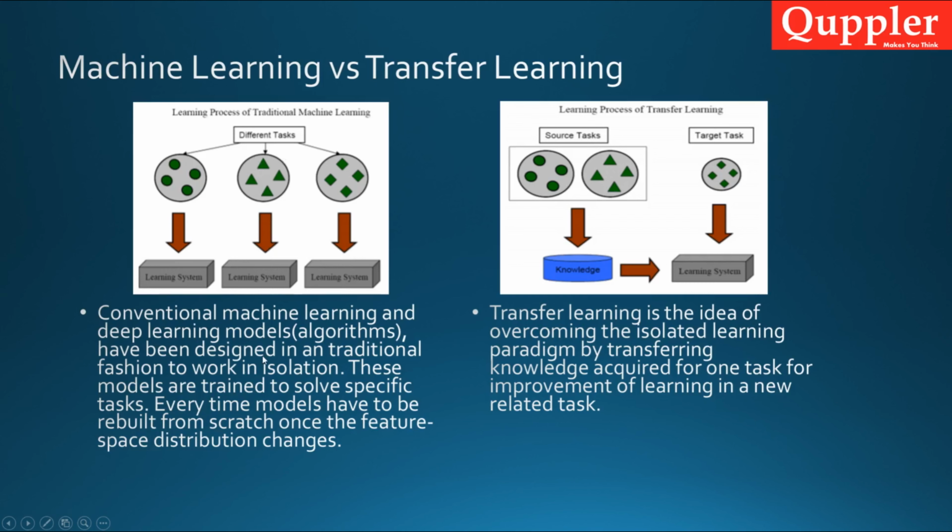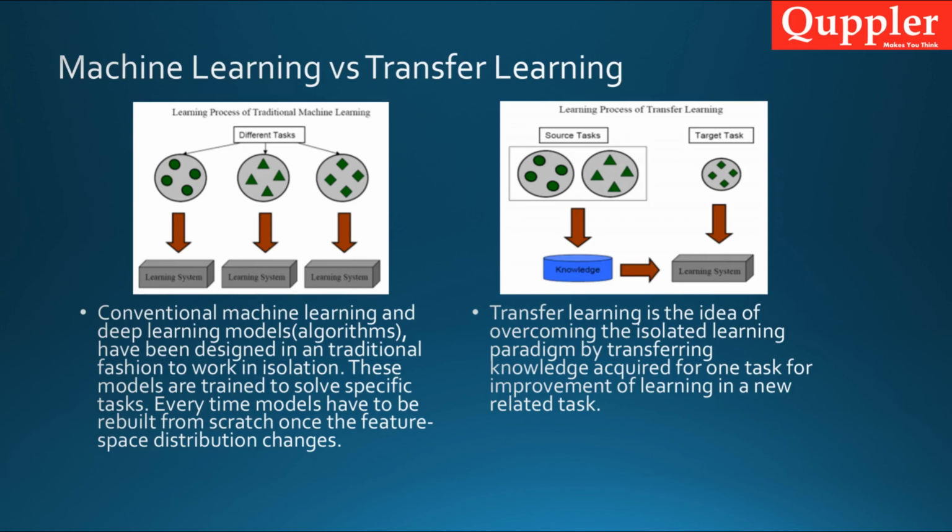But in case of transfer learning, there is a big difference. Transfer learning models have already been trained on something. For example, if it has already been trained on cats and dogs, and in future you want it to identify horses or humans as a new task, then the point up to which it has been trained acts as a starting point for the next task.